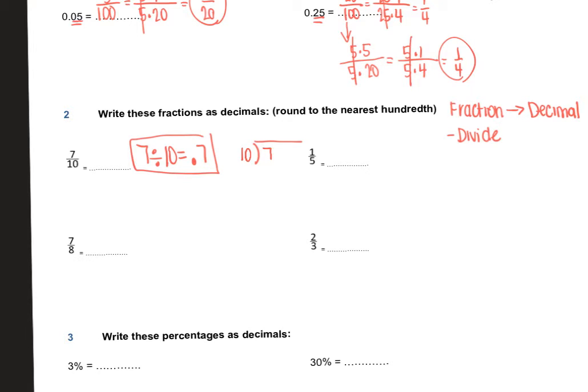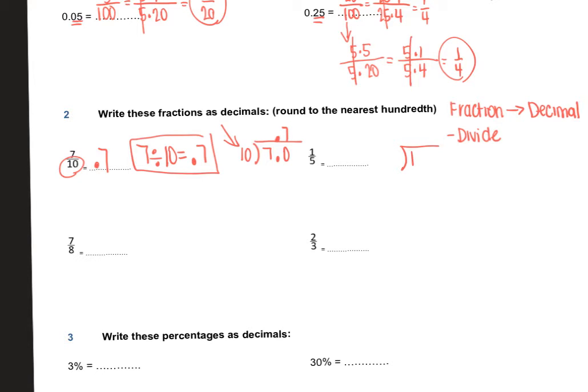All right, 7 divided by 10, down and out, right? You're down and out, so the 10 is down and it's out. And then you say to yourself, okay, 10 doesn't go into 7, so then I throw a decimal with a 0, and the decimal pops to the top, and I say 10 goes into 70 7 times, and I get 0.7. All right. 1/5 or 1 divided by 5.